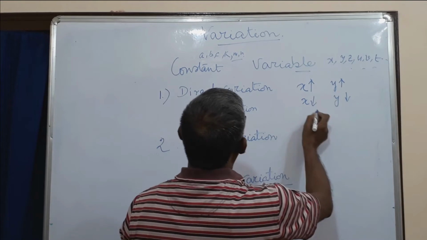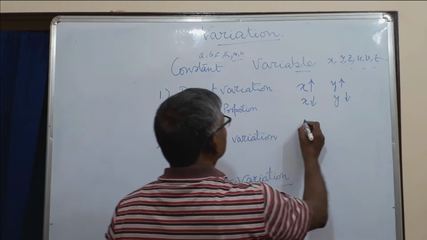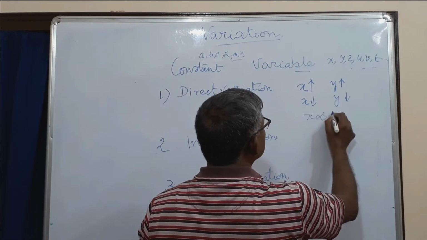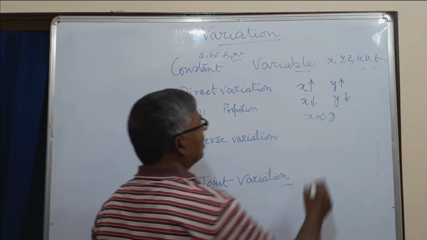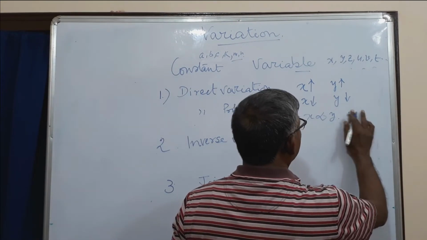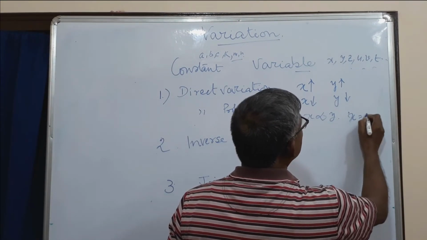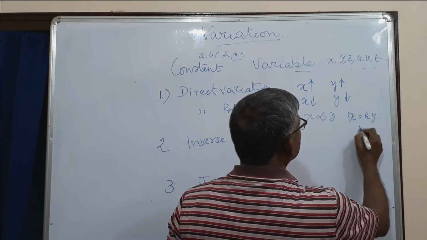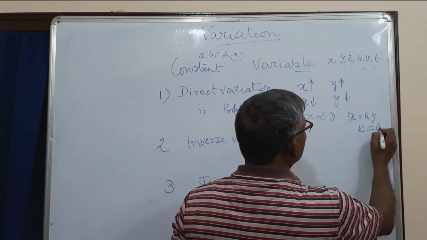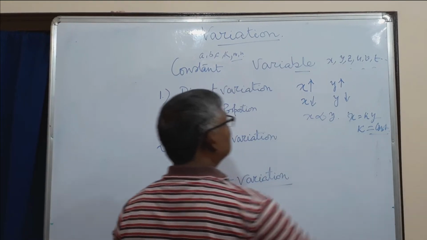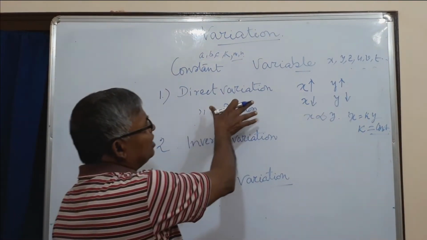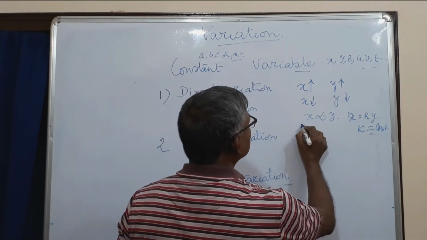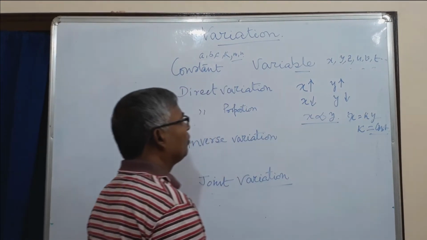Here mathematically we write X varies Y, or X equals K times Y, where K equals a constant. So in case of direct variation, the relation is X varies Y.